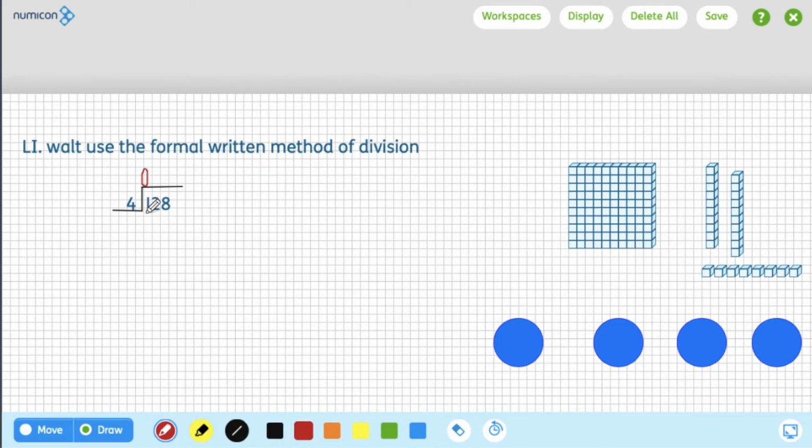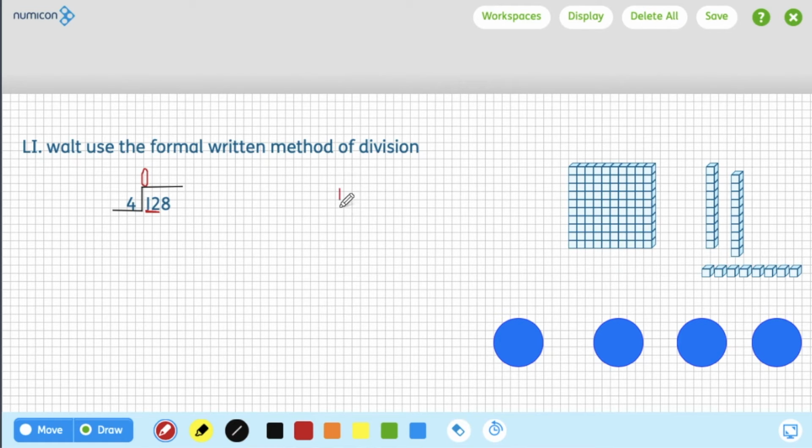And instead I look at the hundreds and tens together to see if I can fit this number into hundreds and tens numbers. So the hundreds and tens together make a 12, and so I work out how many 4s go into 12.